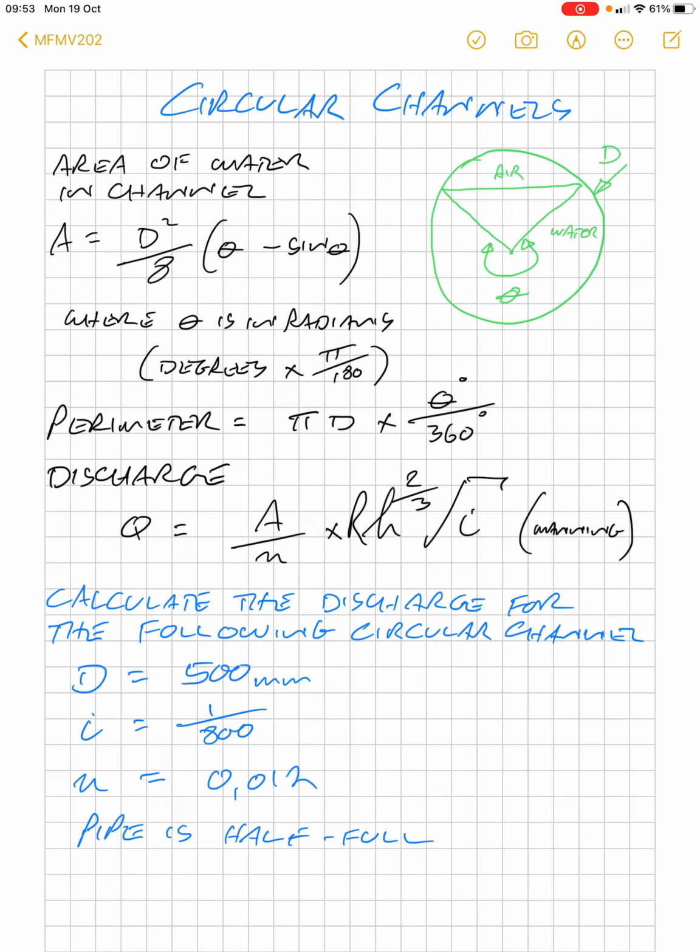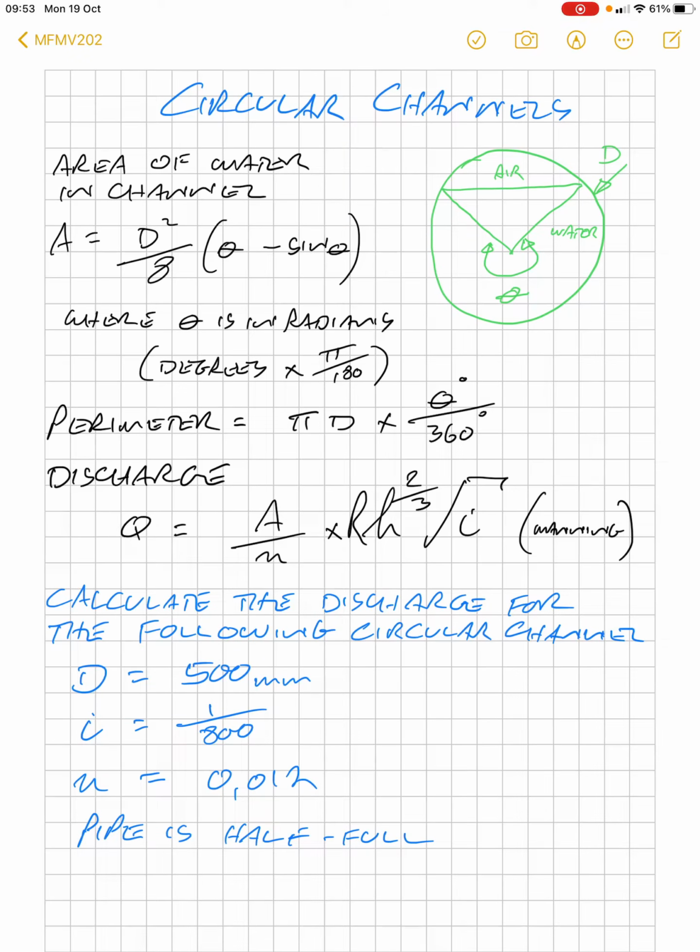As we can see here, the formula for the area of the water in the channel can be calculated using the symbol theta, which is an angle linked to the total depth of the water.